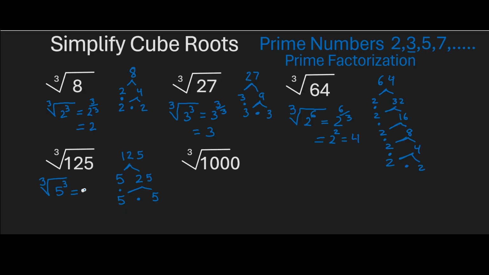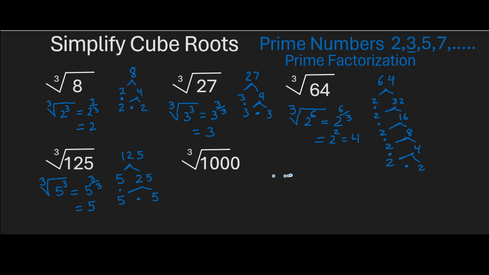Now to get the answer, this number 3 is going to divide the exponent. And 3 divided by 3, the answer is going to be 5. So cube root of 125, the answer is going to be 5.